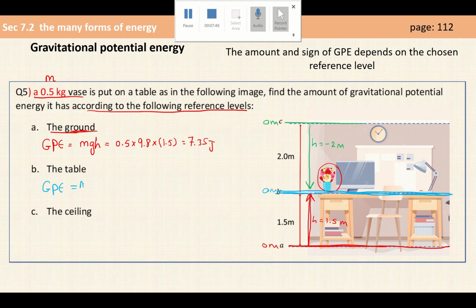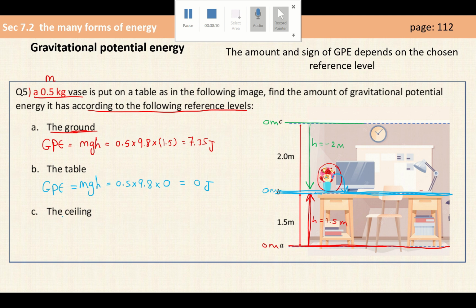That means if you multiply mgh, with 0.5 times 9.8, but because the vase is placed on the desk, it's at a height of 0 meters from the desk. So that will give you 0 joules of energy.